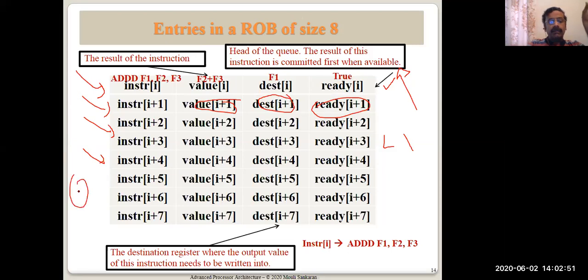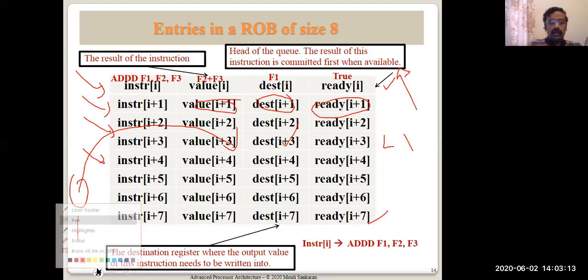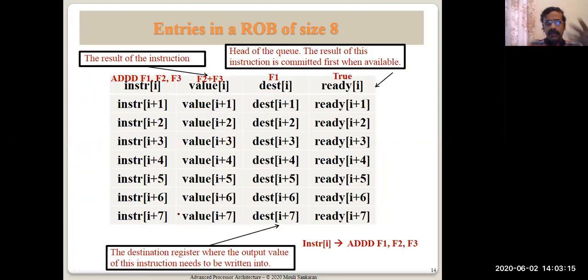Any functional unit completing an instruction can come here and say, this is the result, this is the register where it is supposed to go, bye bye, I am going to execute the next instruction. It will go on and take the next instruction and start executing it. It is the job of the ROB to commit them in the order in which they are supposed to be. I hope this is clear. This is very intuitive. Unless you spend some time imagining yourself, it's not possible for you to understand and answer the questions in the exam.